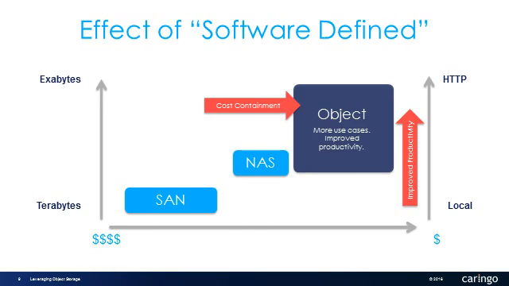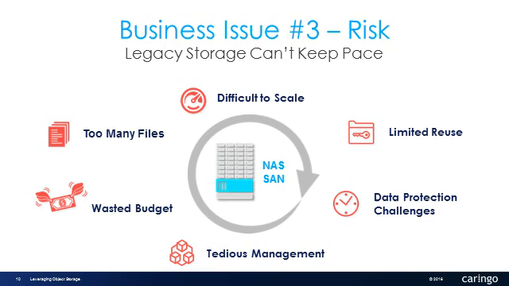So let's take a look at now the third business issue, which is risk. And if I start from a storage perspective, risk can come from many forms. But I've tried to list here the high-level reasons that we're seeing companies move away from traditional technologies, and even some software-defined storage solutions.